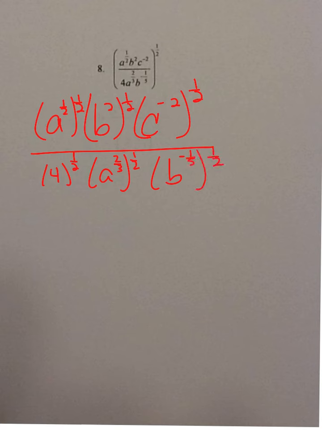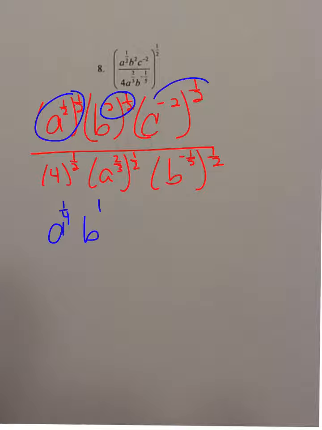Okay, so in the numerator, I have a to the half raised to the half is a to the 1/4. 2 times 1/2 is 1, so that's just b to the first. This is negative 2 times 1/2 is negative 1, so it's c to the negative 1 over 4.